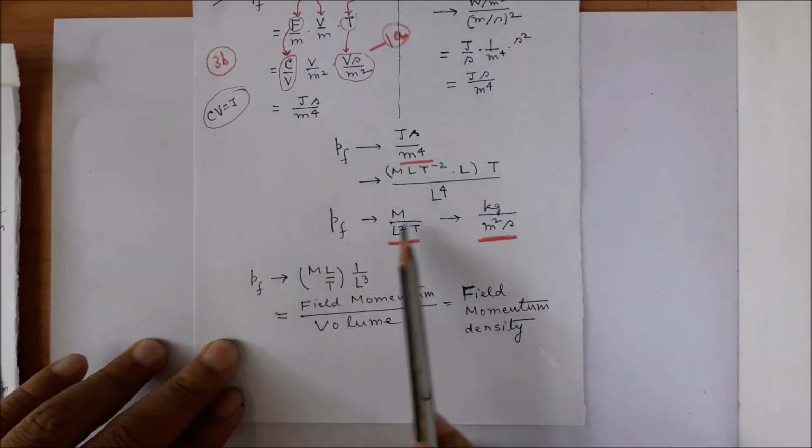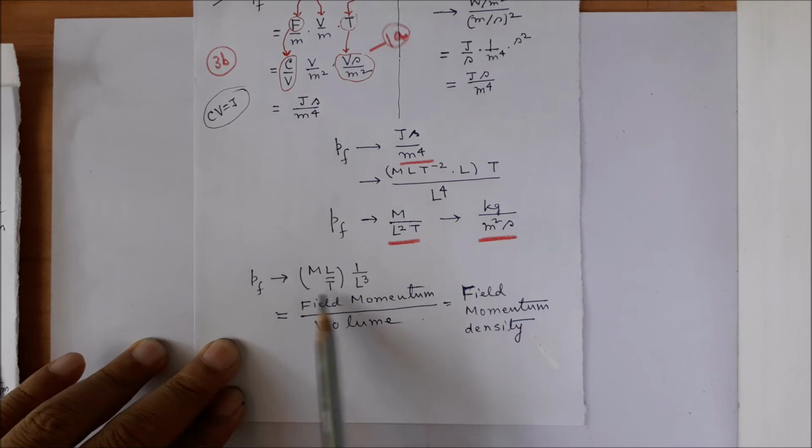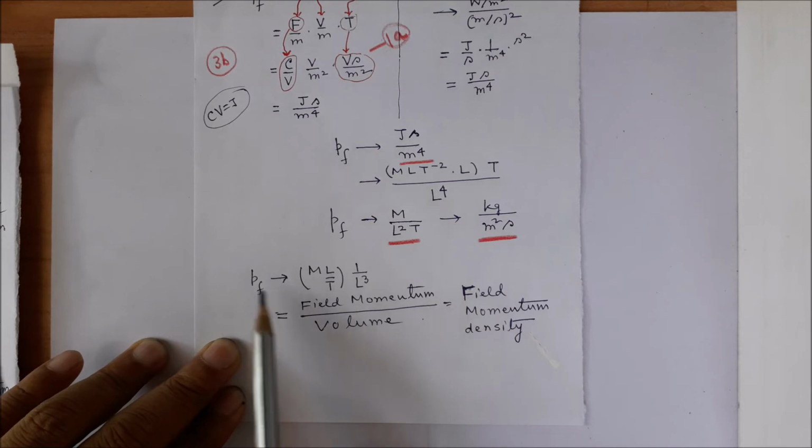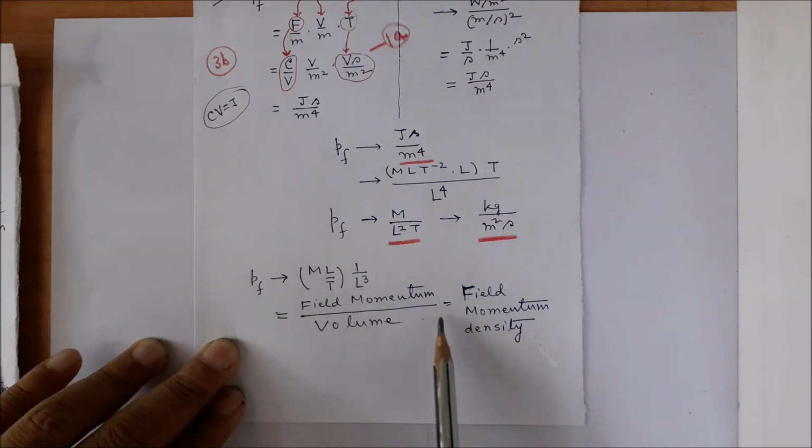Now come to the second one. This can be rewritten as follows. Now this is mass into velocity, and mass into velocity is momentum. So this part is momentum, and this is obviously the volume. So indeed Pf represents field momentum per unit volume or field momentum density.